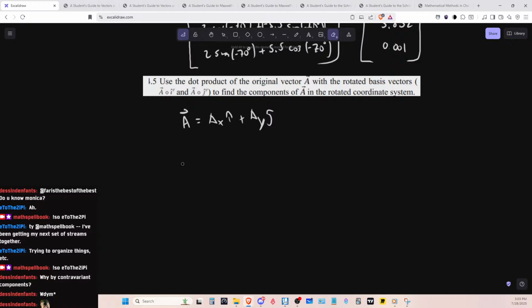Trying to think about what is, so I'm guessing maybe they want us to do, let's say, rotated coordinate system.